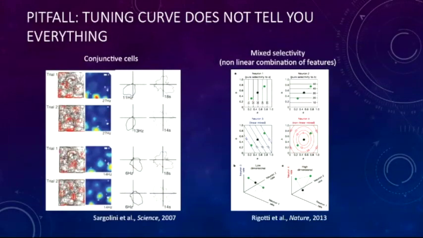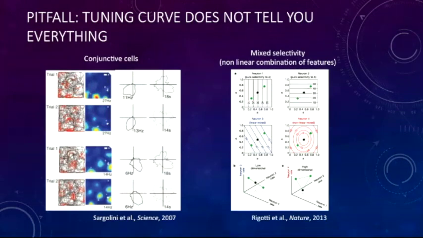Another issue was raised quite recently by the lab of Fusi at Columbia University, in a very interesting paper, where he showed that in the prefrontal cortex of non-human primates, there were cells that respond to sensory features in a nonlinear way, meaning they respond to more than one feature, at least two features.